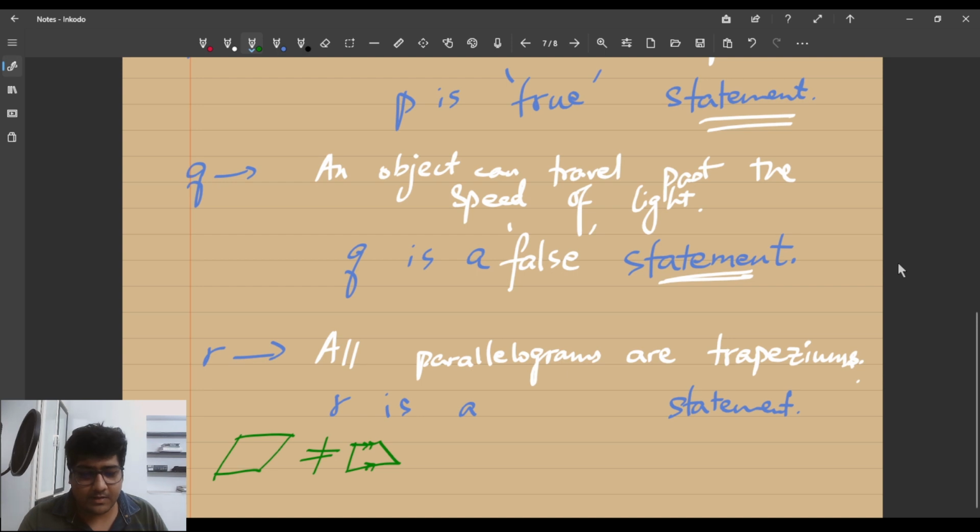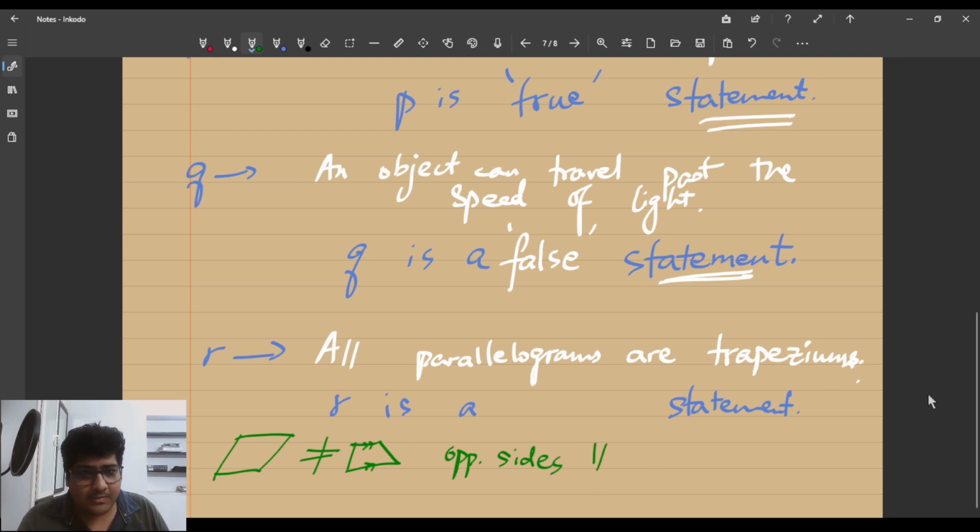There's nothing such as it is understood. What is on paper is what you have to consider. So on paper, I just have the rule that trapeziums are quadrilaterals which have opposite sides parallel. So this is what makes a trapezium.